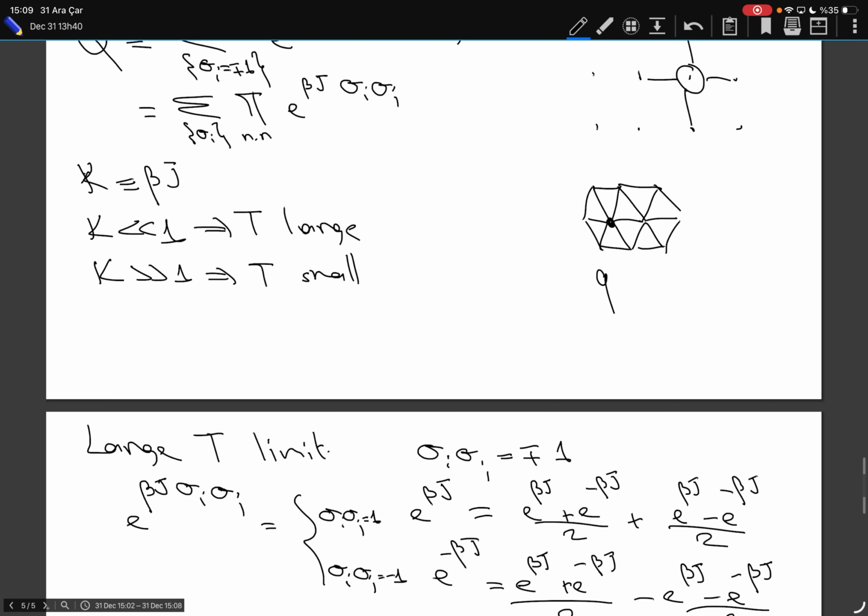If I have n sites, each site has q nearest neighbors. The number of nearest neighbor pairs will be 1 over 2 times n times q. Do you see why 1 over 2?